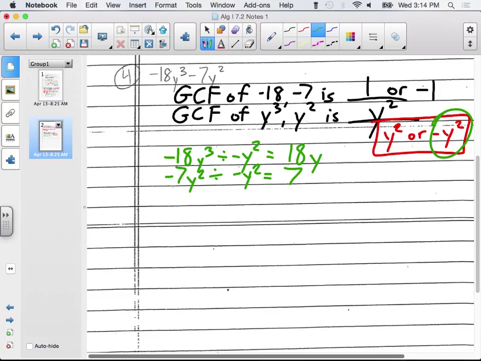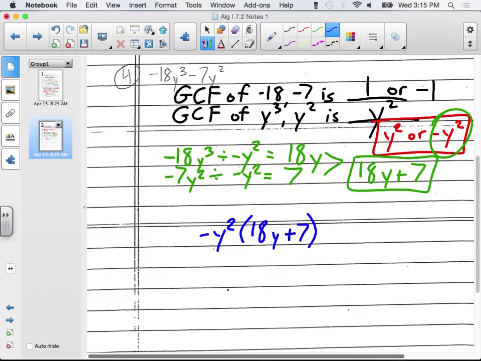So we found our first factor. The second one we found is 18y plus 7. So our final answer, since we use negative y squared, is negative y squared times the quantity 18y plus 7.